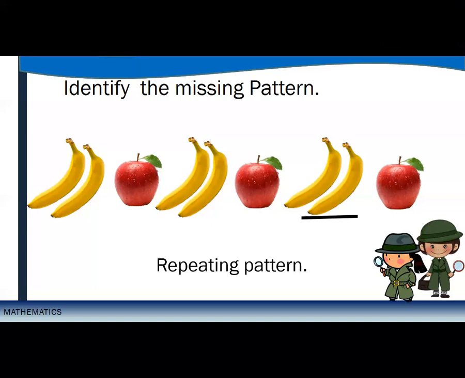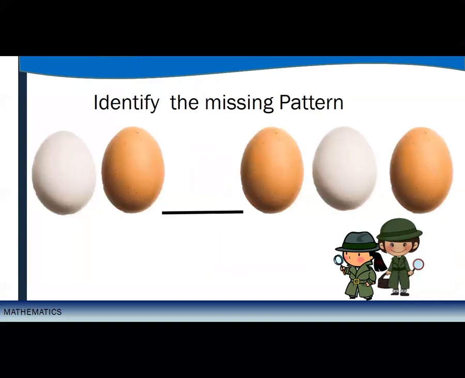So yes, we see that this is a repeating pattern because we have 2 bananas, 1 apple, 2 bananas, 1 apple, 2 bananas, and 1 apple. Boys and girls, you are doing excellently at patterns. And as we said, this is a repeating pattern because it's doing the same thing over and over.